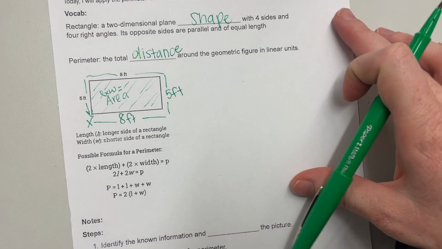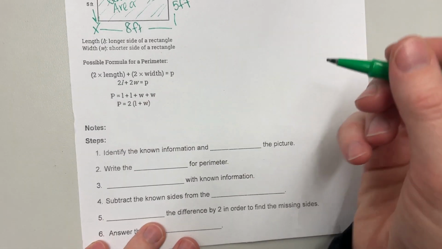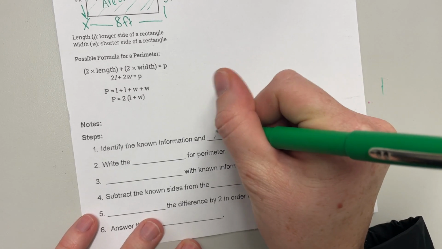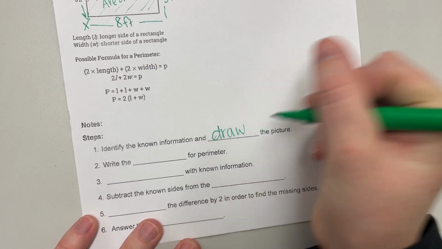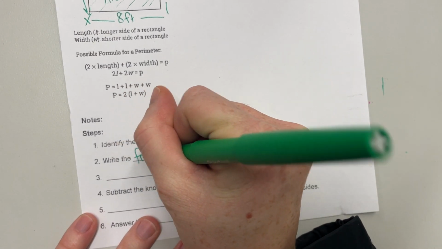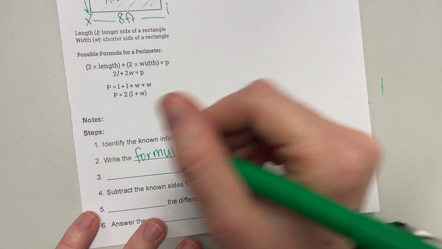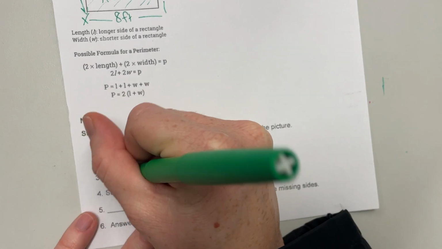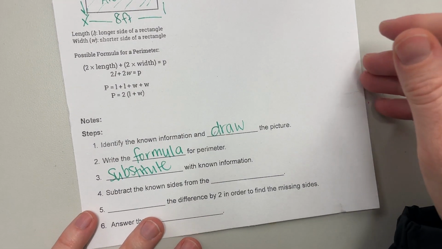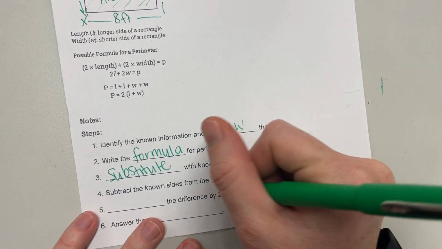Here are our perimeter formulas, same as yesterday, and here are our steps. Step 1 is identify the known information and draw the picture. Step 2 is write the formula for perimeter. Step 3 is substitute with known information. Step 4 is subtract the known sides from the perimeter.